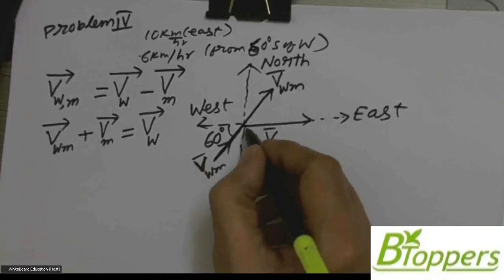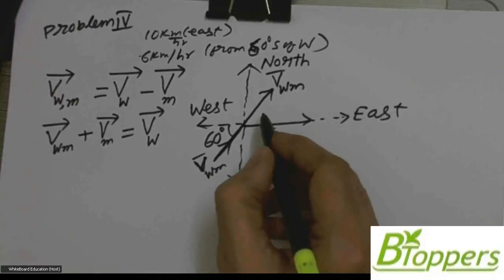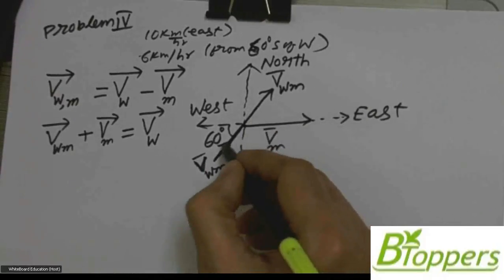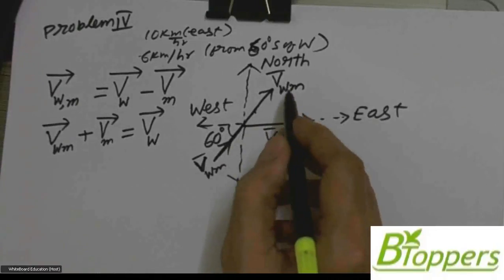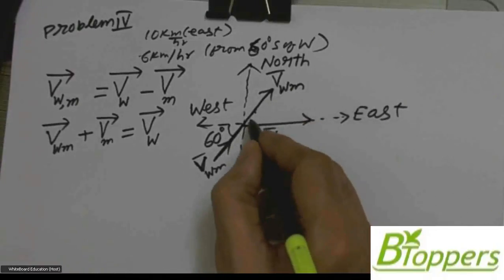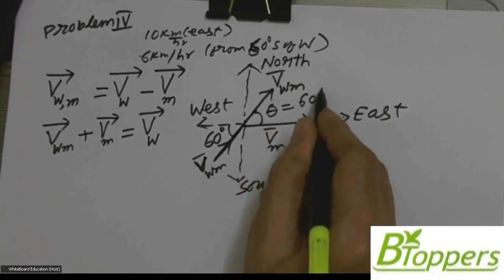Graphically, you can draw a vector at different places in the diagram without changing the magnitude and direction. So these two vectors represent the same vector, that is V bar Wm, relative velocity of wind with respect to the man. So the angle theta between these two vectors is 60 degrees.